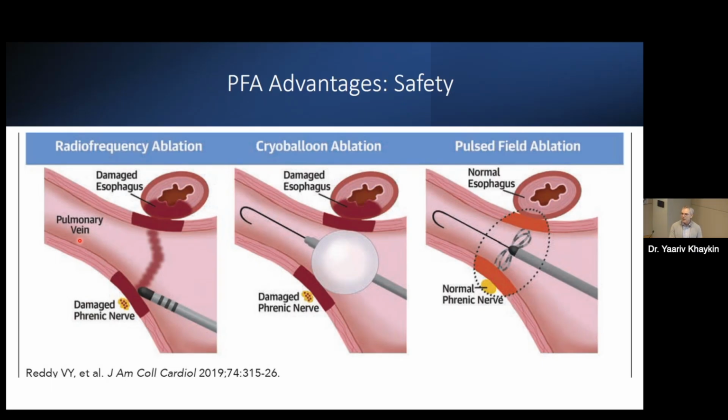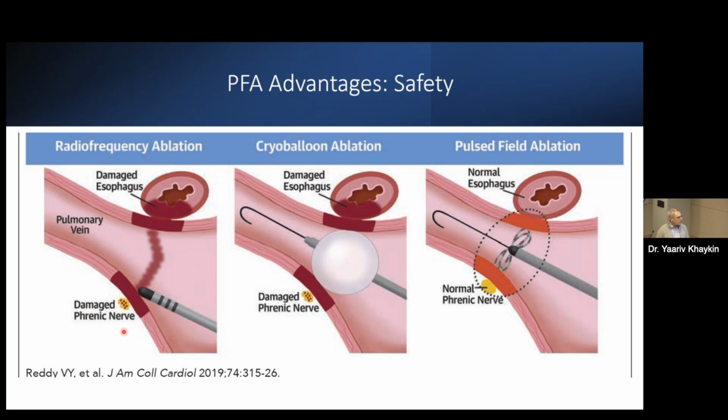The same thing happens in the vein. If you burn too deep, the vein shrinks and you get pulmonary vein stenosis. If you're ablating very close to the esophagus, the food pipe at the back of the left atrium, you can potentially damage the lining of the esophagus and cause a fistula between the esophagus and the heart. Those are very rare, but very real complications related to thermal ablation.